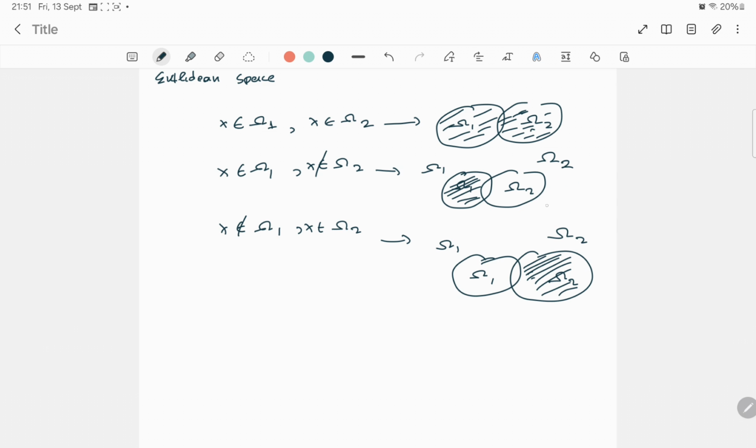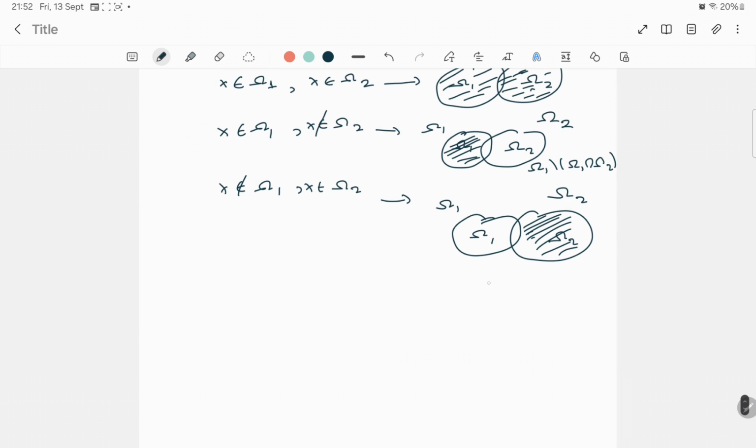This set can be written in the following way: omega 1, take away the intersection part of omega 1 intersection omega 2. And this is omega 2, take away the intersection part omega 1 intersection omega 2.